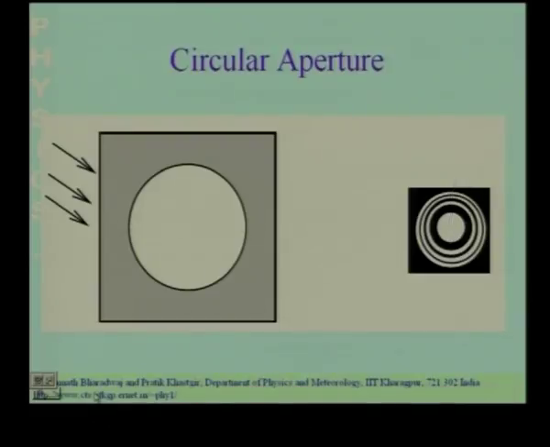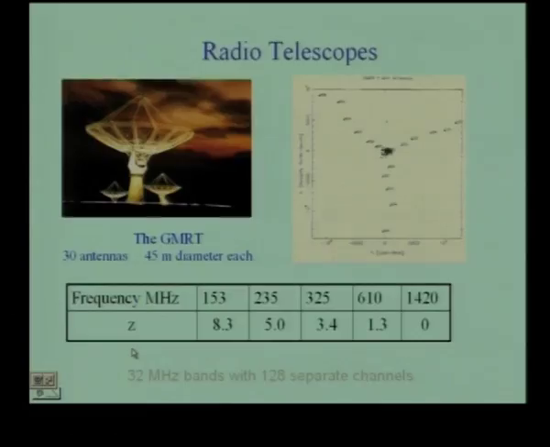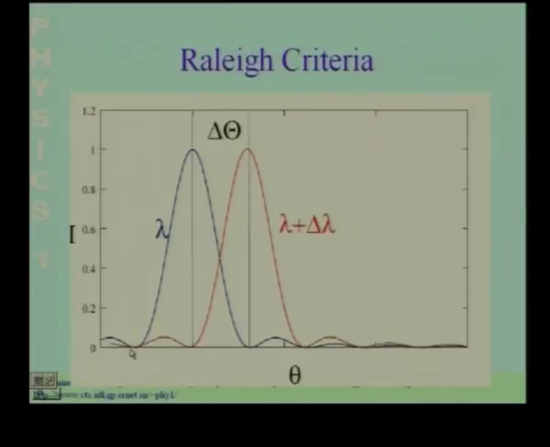The criterion was proposed by Lord Rayleigh. So, it is called Rayleigh's resolution criterion for resolving two stars or two such images. The criterion is as follows.